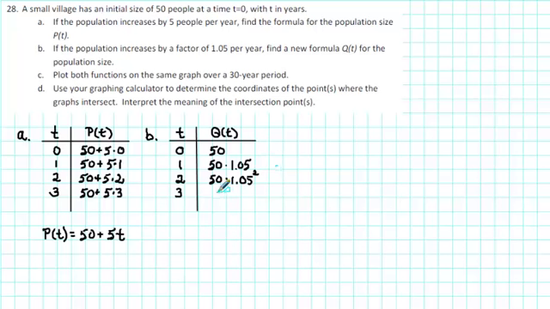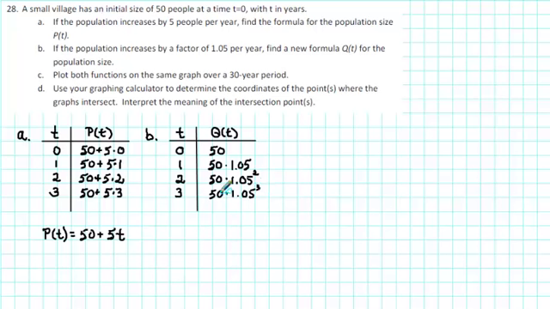For 3 years, we'll take the initial population 50 and we'll need to multiply by 1.05 three times. So we can write that as 50 times 1.05 raised to the third power. Now notice the pattern here.